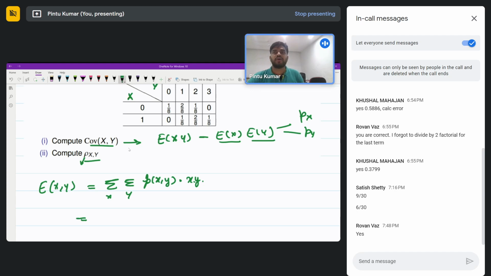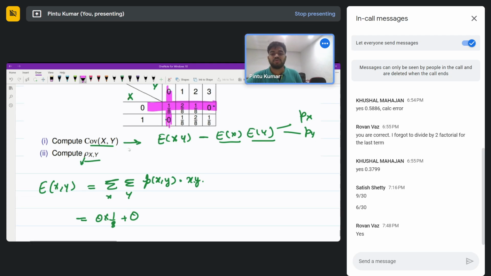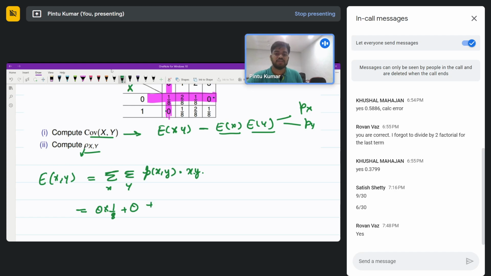When x is 0 and y is 0, probability is 1 by 8, but this is 0 into 1 by 8. Again, when x is 0, everything would become 0 only, so I am ignoring this row, and for this column also there is no need to write it down. So now this would be plus 1 into 1 into 1 by 8, plus 1 into 2 into 2 by 8, plus 1 into 3 into 1 by 8.